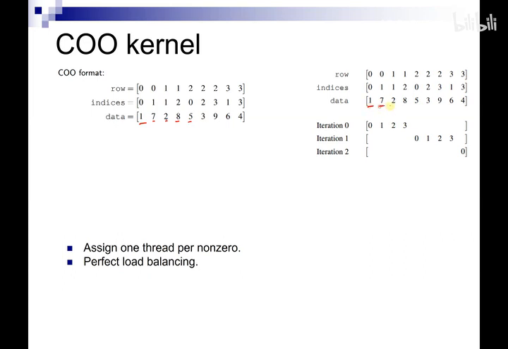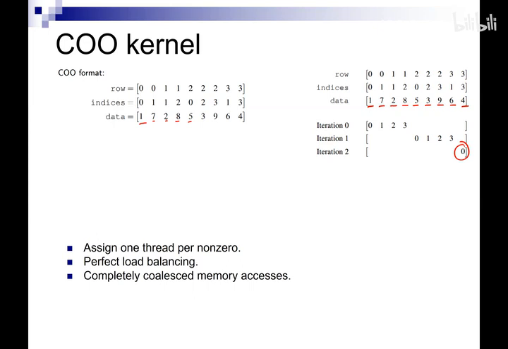In the first iteration, the 4 threads are each going to get 1 value, and then in the next iteration they're going to get the next 4 values, and so on. In each iteration all the threads get a value to process, except for maybe the final iteration where some threads don't get a value. But more or less you have perfect load balancing, except for the final iteration.